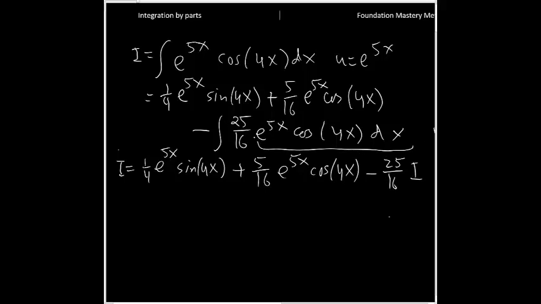This integral sign with e to the 5x cosine 4x is the main integral. So is that. Now this is the term you can move on the left side with a plus sign.